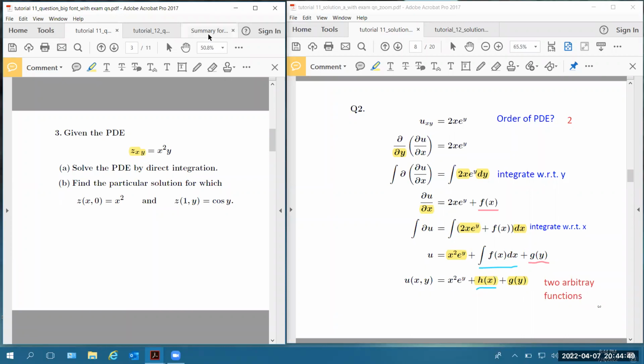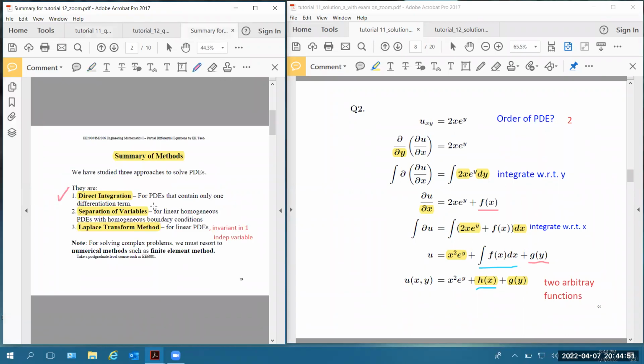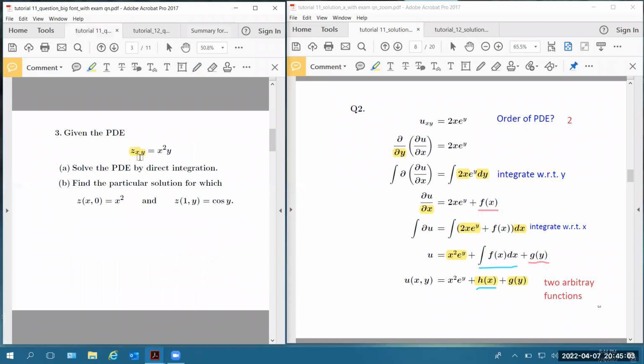So we know already, for a PDE that contains only one derivative term, you want to use direct integration. So here we shall use direct integration. In fact, part A is solve the PDE by direct integration. After direct integration, we'll get arbitrary functions.